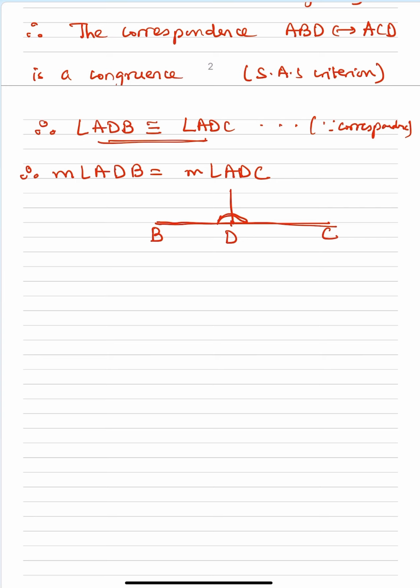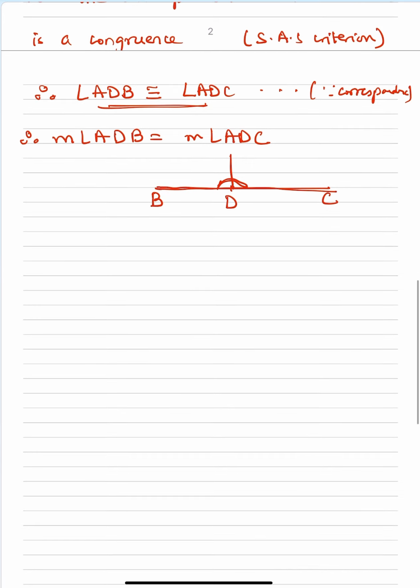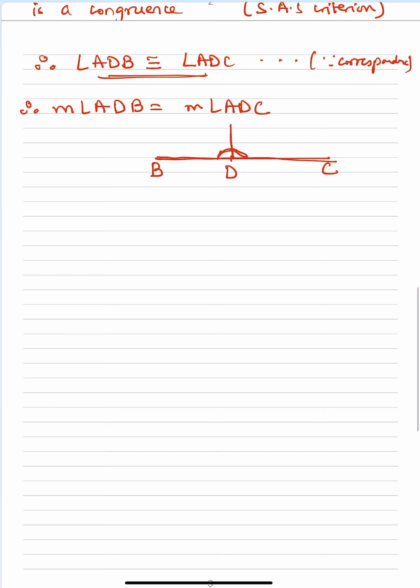Now this is a linear pair. It is making a straight angle. Correct? This is a linear pair. So what can I say now? Here it is A, correct? I can say that angle ADB and angle ADC are angles of a linear pair or a straight angle.